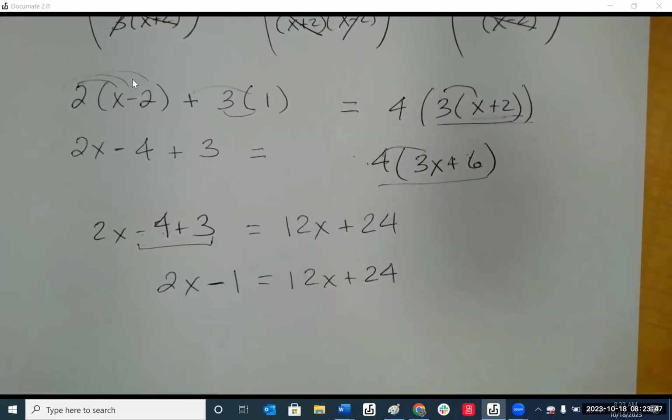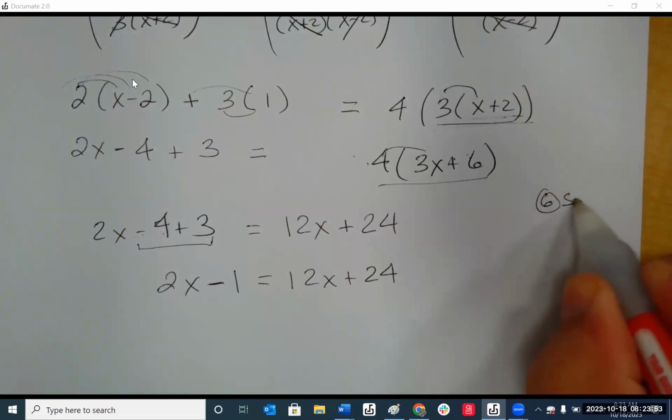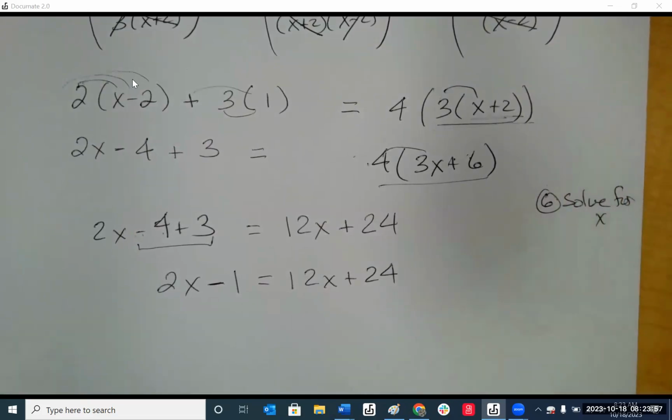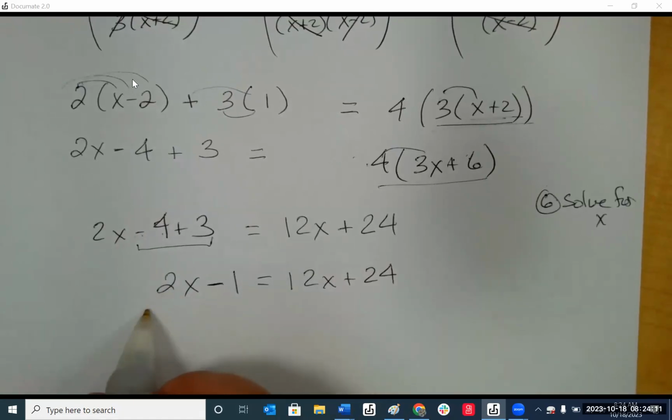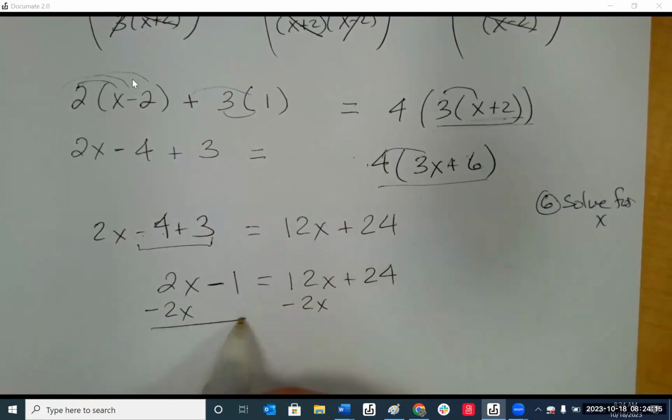Now we solve for x. That's step 6, solve for x. Remember, whenever we have x's on both sides, which one do you move? The smaller one. Always move the smaller to the larger. It's a positive 2x, so we subtract 2x from both sides.